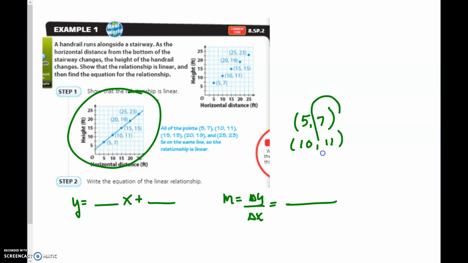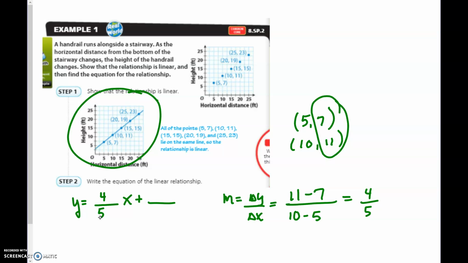So our y values here are going to be 11 minus 7. And because I did top to bottom, I have to do the same thing, so 10 minus 5. So 11 minus 7 is 4, and 10 minus 5 is 5. So our slope is going to be 4/5. So I can go fill that in the first blank.